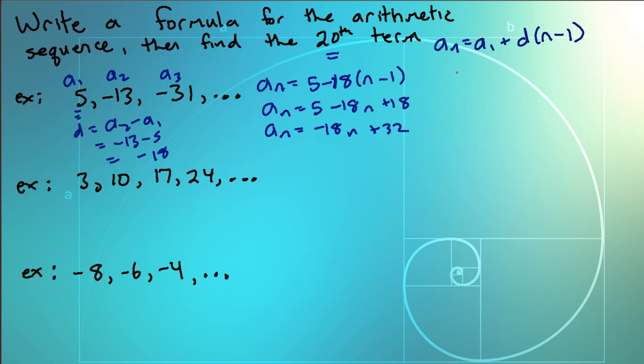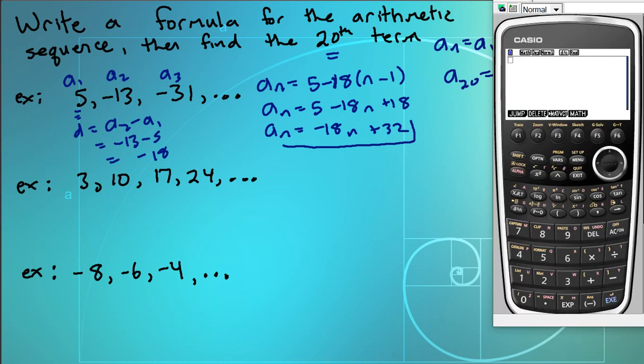Okay, so now we want to find the 20th term. So I want A sub 20. So this was the first part. I got my formula, and now I'll use it to find the 20th term. So I have 5 minus, let's actually use the reduced formula. That'll be easier. So negative 18 times 20 plus 32.